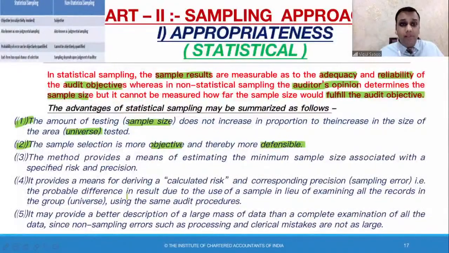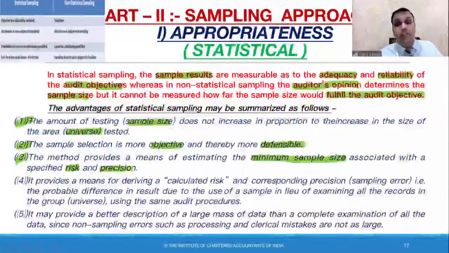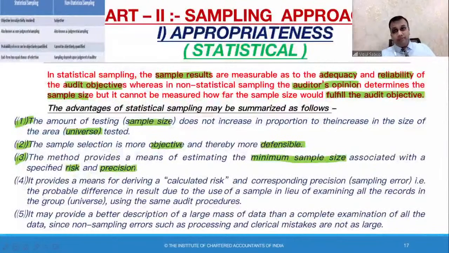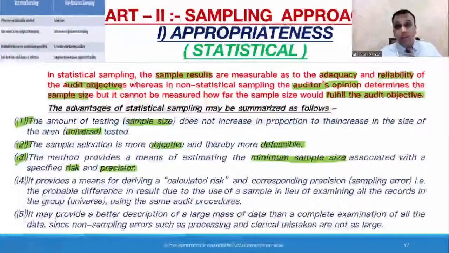And this particular type of statistical sampling helps us in estimating the minimum sample size required, keeping in mind the specific risk and the level of accuracy we require. You just change the parameters of that formula or principle and you get different sample sizes.